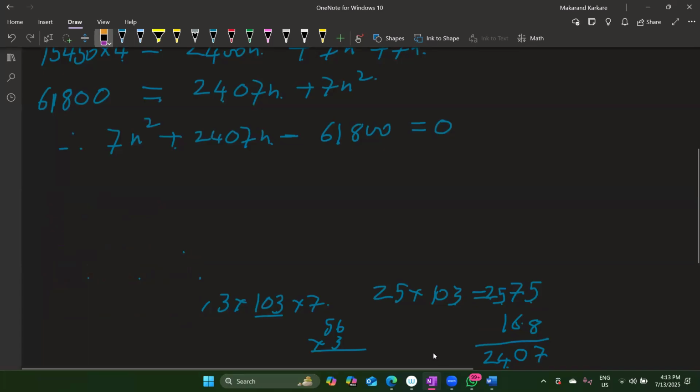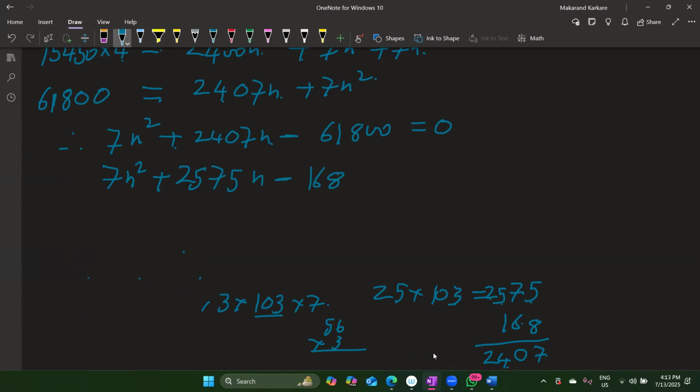So 7n squared plus 2575n minus 168n minus 61,800.